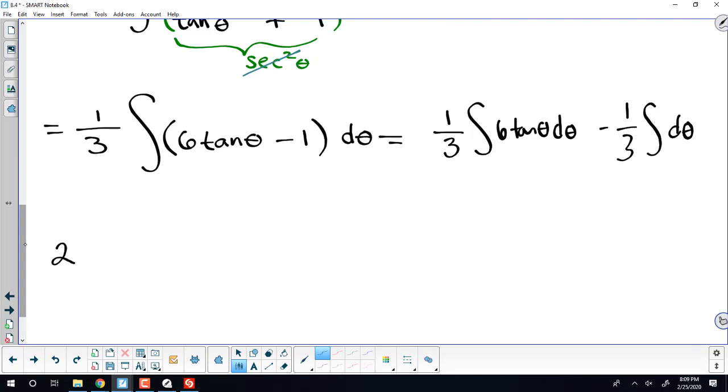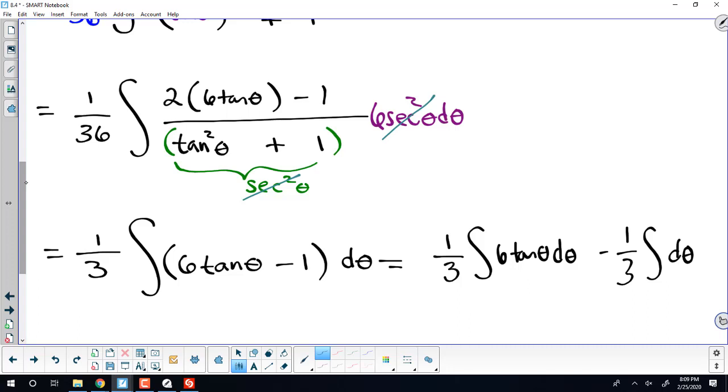Why do we have the 1/3? Because of this 12 over 36, this right here, and the 12. Isn't there a minus, because we have that minus 1 over there? The minus one that the 2 would distribute over, right? So that would be minus 1/12.